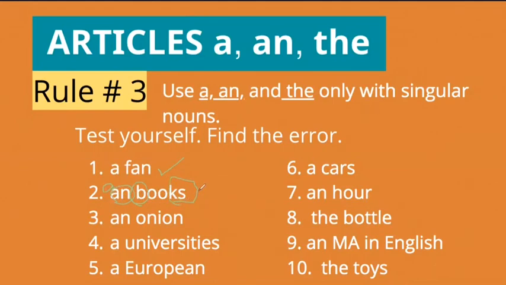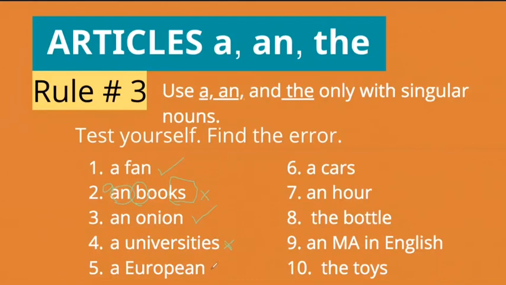So you cannot say a books because it's in plural form. Next is an onion. Is this correct or do you see a mistake? It's correct. Okay, next, a universities. Universities here is plural, so therefore it's wrong. That's an error.